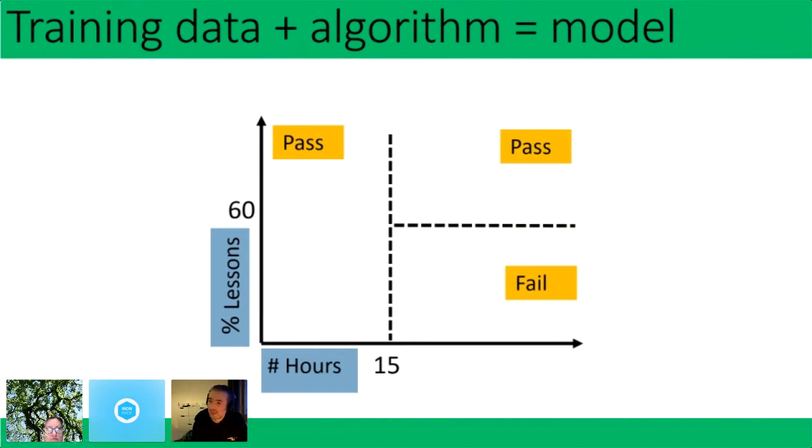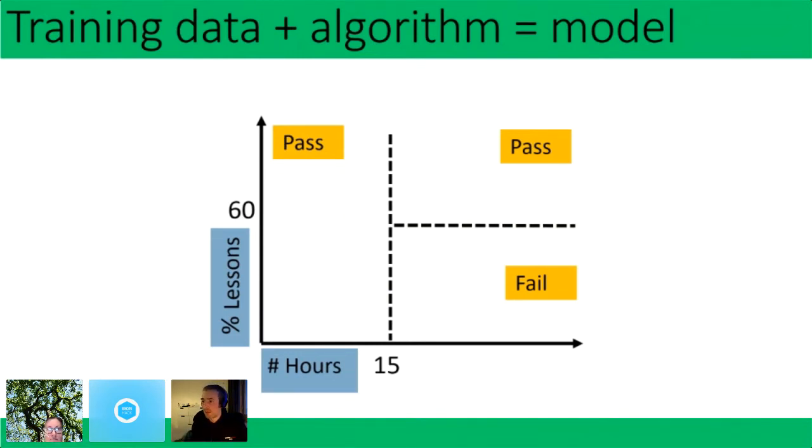Otherwise, if they studied more than 15 hours but attended less than 60% of the lessons, they will fail. Otherwise, they will pass. This is the model that the algorithm with the training data was able to build, creating these ordered areas as much as possible.